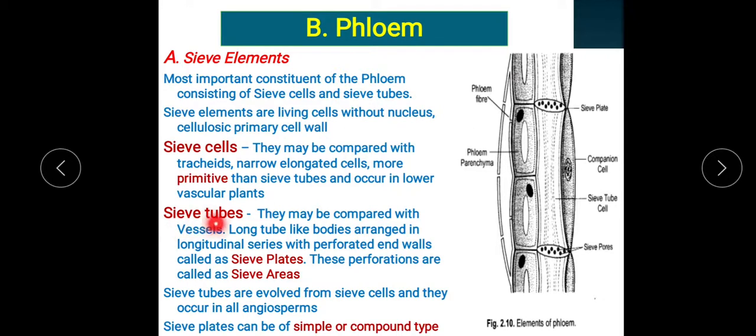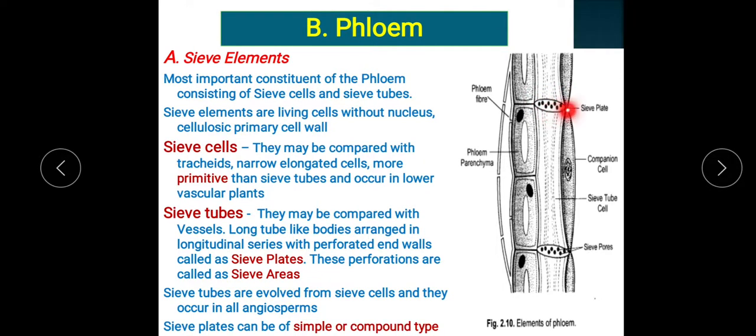While the sieve tubes may be compared with the vessels. These are long tube-like bodies arranged in a longitudinal series. In this diagram, you can see these are the sieve tube cells. There are many sieve tube cells joined end to end in a longitudinal series, that means along the long axis of the stem or the root, and they have perforated end walls.